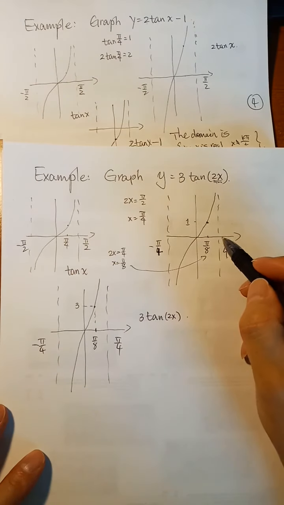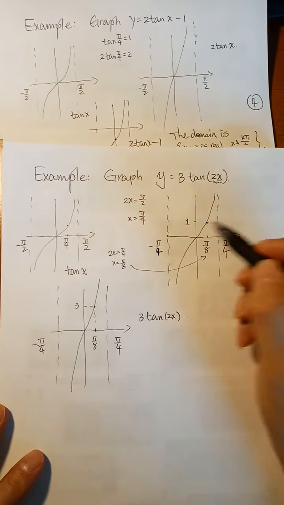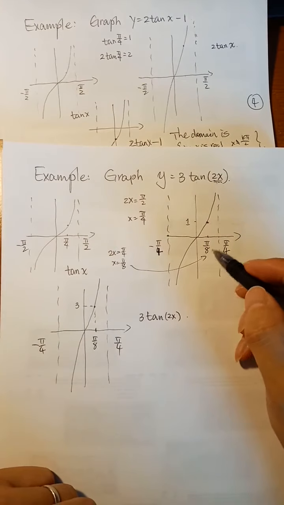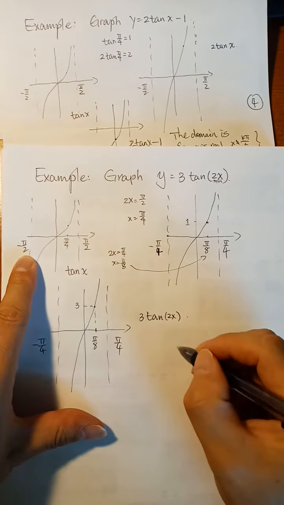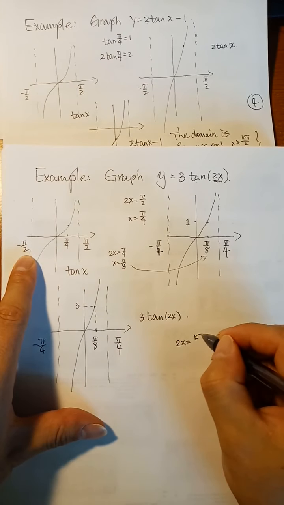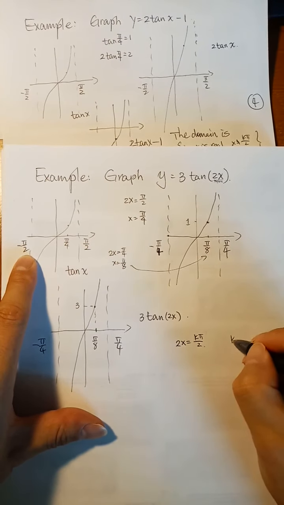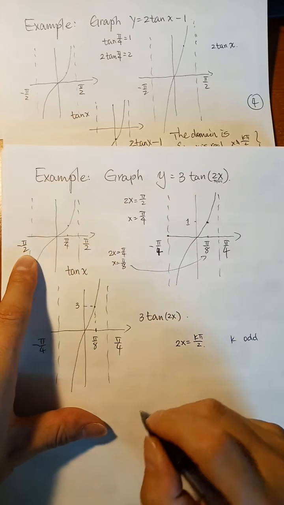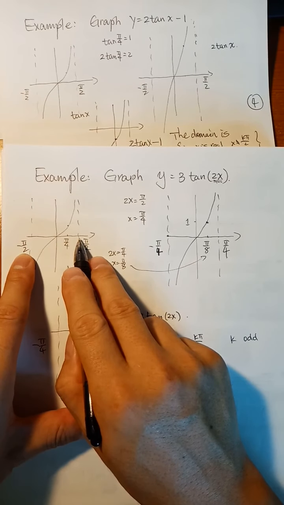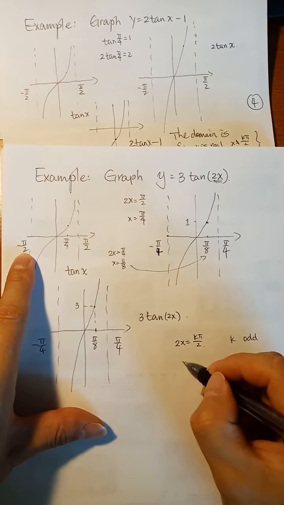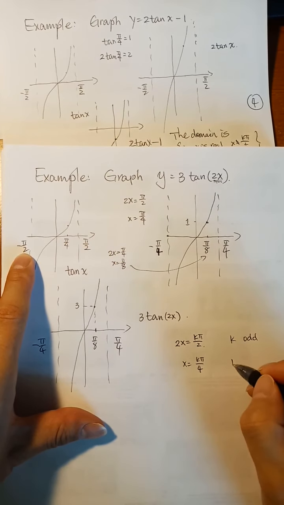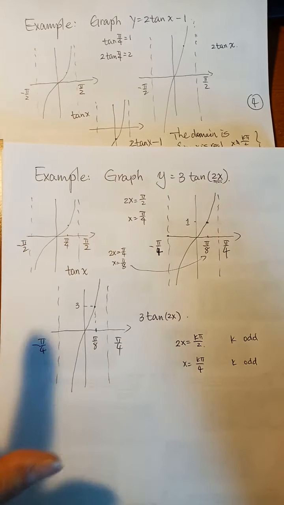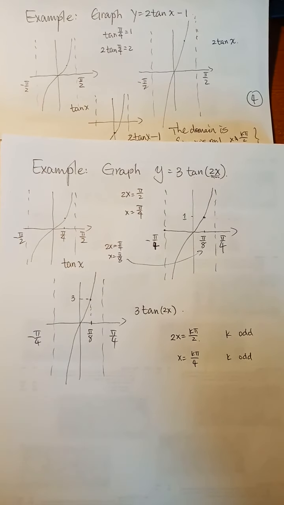And of course, from here you can see that 2x cannot be k pi over 2, where k is an odd integer, right? That's the point, not in the domain. And from this, you get 2x equals k pi over 2. You solve for x, you get k pi over 4. You don't change any property about k, so k still represents the odd integers.